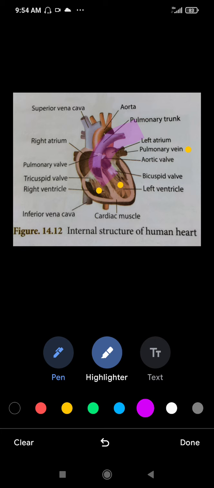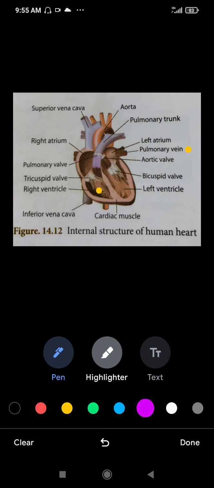This pulmonary trunk bifurcates into two: one going to the right lung and the other going to the left lung. There is a pair of lungs, one on the right side and another on the left side. Each carries impure blood to the lungs for purification. The right and left pulmonary arteries supply deoxygenated blood to the lungs.